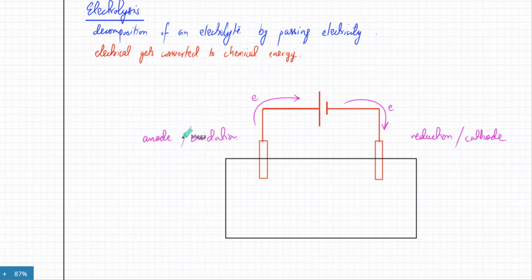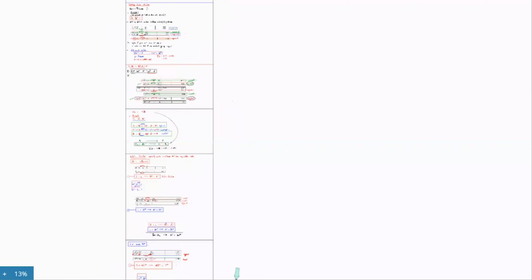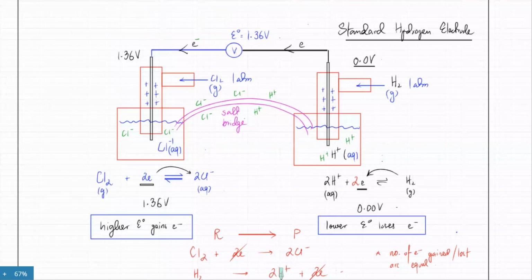So the difference now is that the substance doesn't have a choice. Anything that comes at the cathode has no choice. The only thing it has to do is gain electrons. There's going to be reduction, a gain of electrons. Remember, previously in electrochemical cells, the electrodes had a choice, deciding whether they were going to lose or gain electrons.